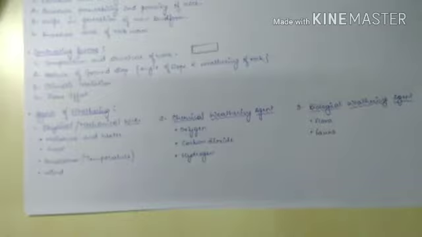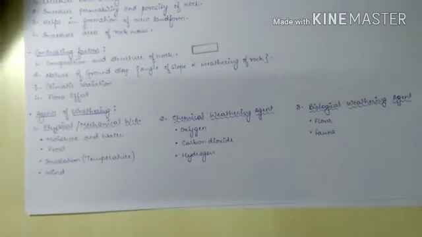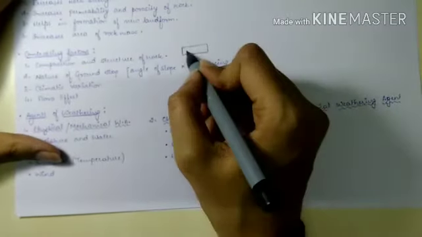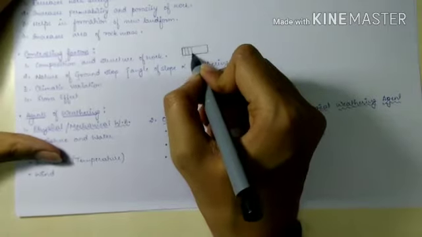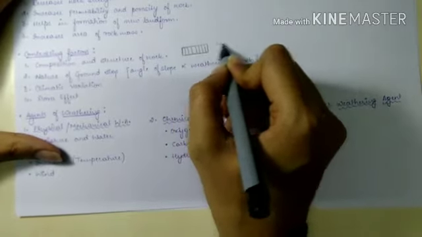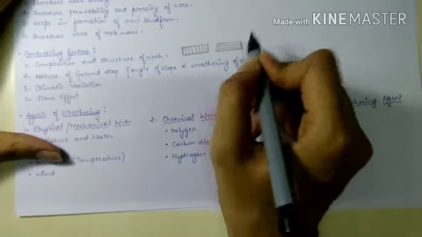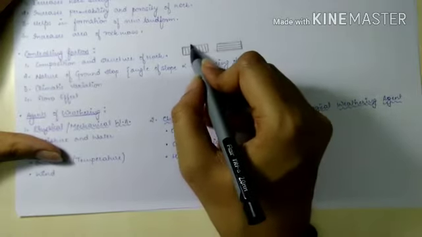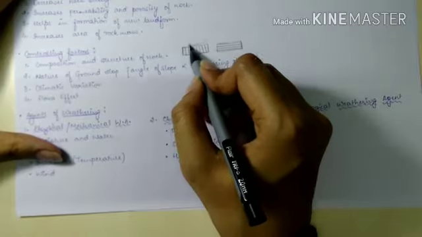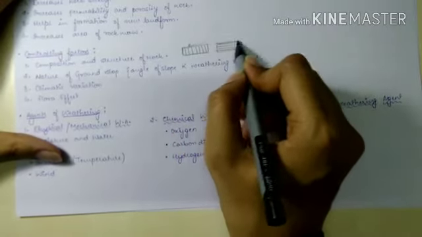Next is structure of rock. In structure of rock, what we'll see is, if there is a vertical rock structure and there is a horizontal rock structure, the agents will work easily in this one as compared to this one. Why?